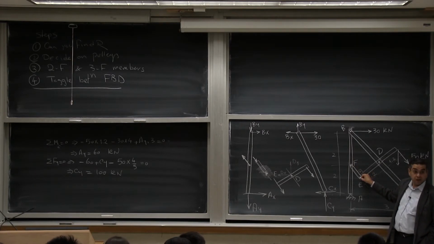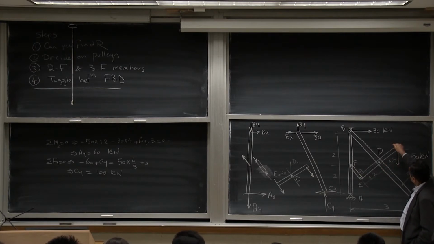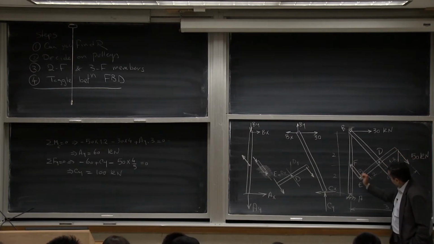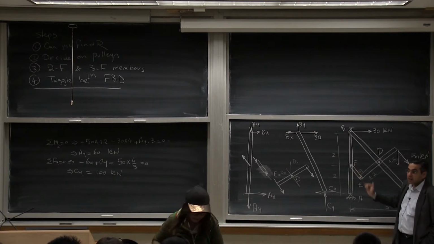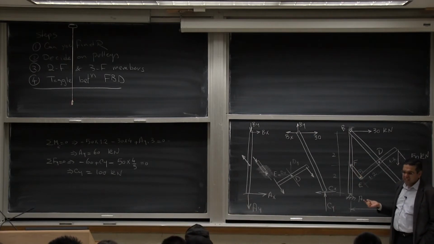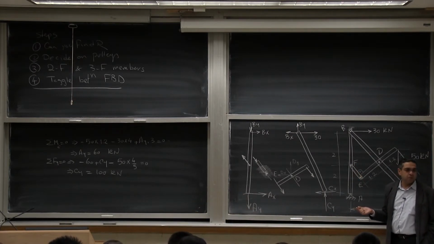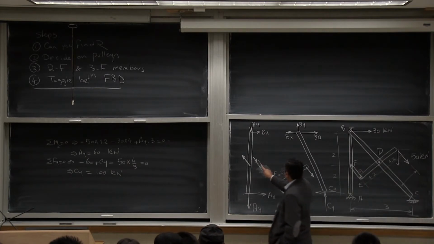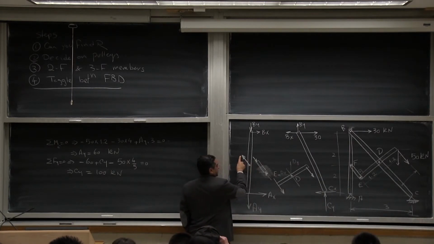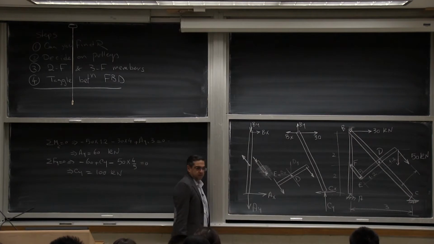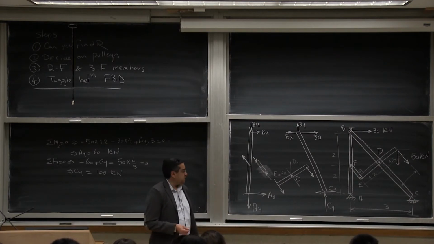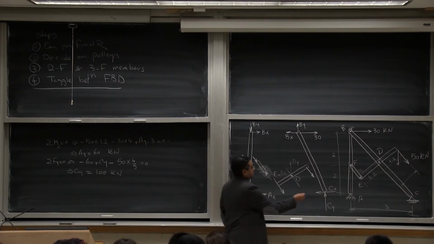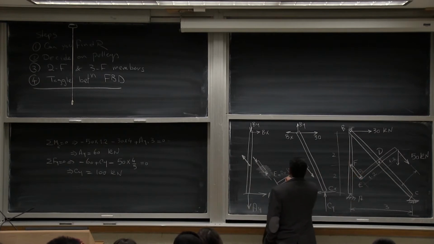For them to be in equilibrium, they must be on the same line. And because this is pushing this way, it is pushing this to the inside, which means it is fair to assume that this member is in compression. So this member is in compression. I would reverse it here and reverse it here. How does this help me? Well, because this is a 90 degree, it helps a lot here.